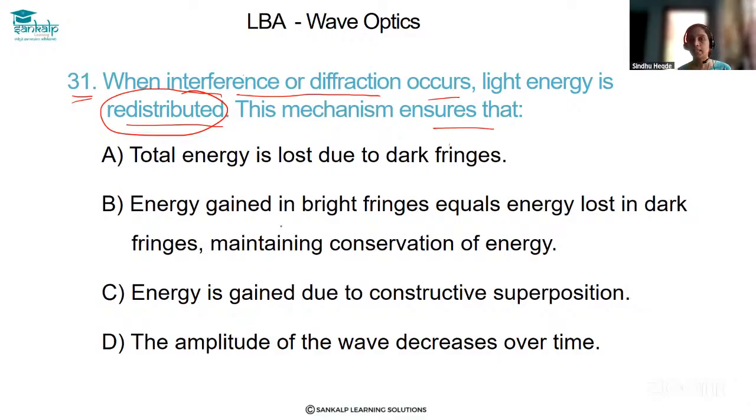It means energy gained in bright fringes is equal to energy lost in the dark fringes. Here no energy gets lost, energy gets balanced due to the redistribution. Hence the correct option is option B. Energy gained in bright fringes is equal to energy lost in dark fringes, maintaining the conservation of energy.